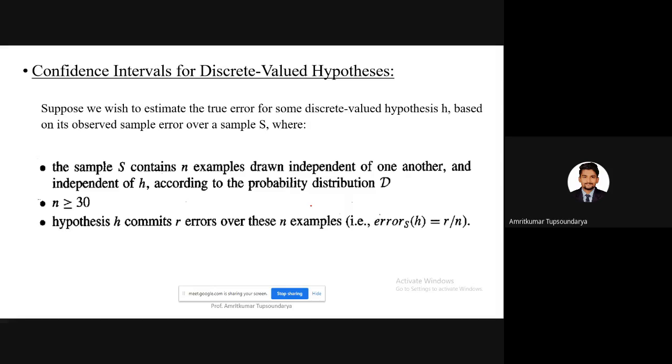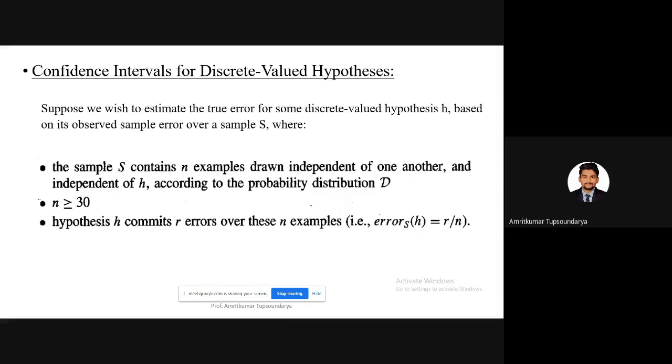Discrete valued hypothesis, as we have seen already in module 2. So, we'll be focusing upon how we estimate the true error provided by the sample error, using these confidence intervals.